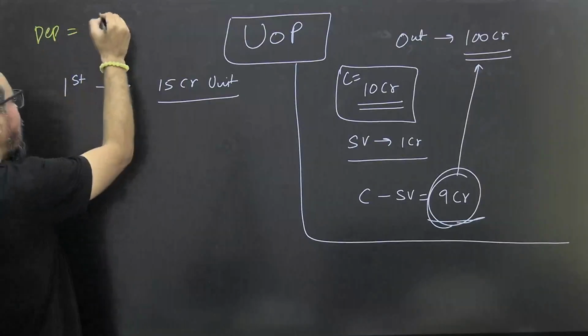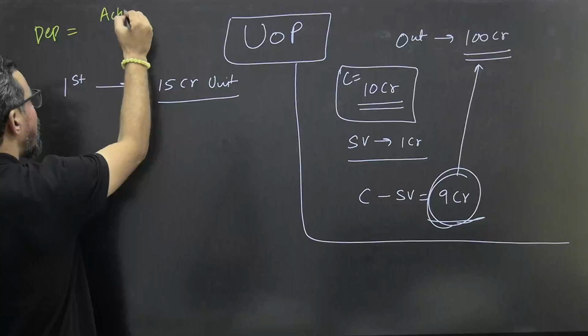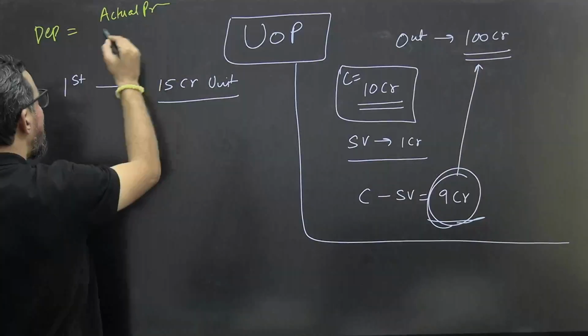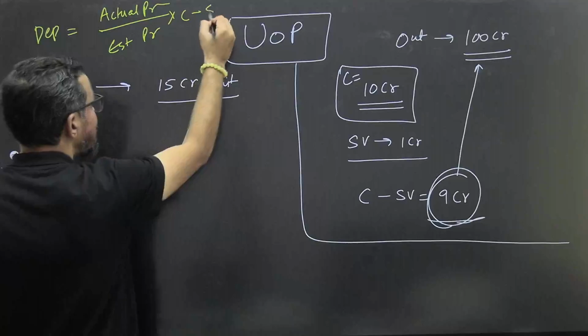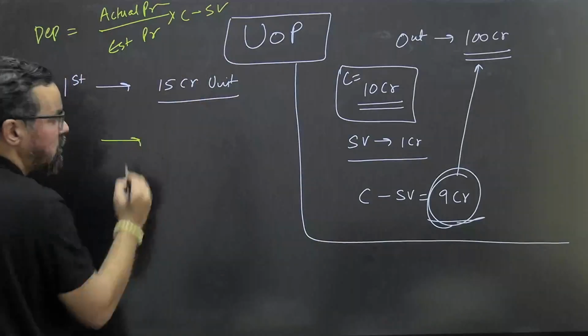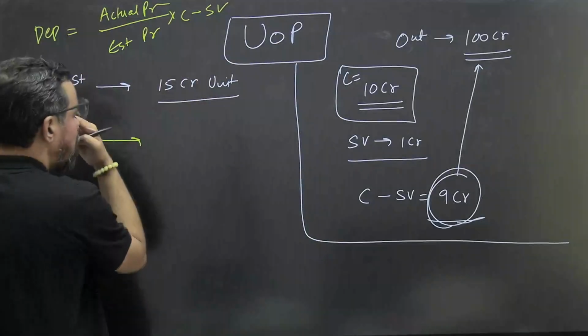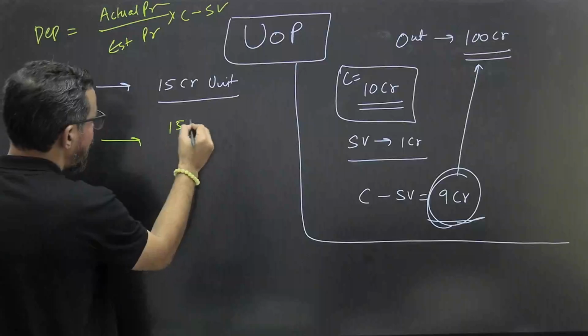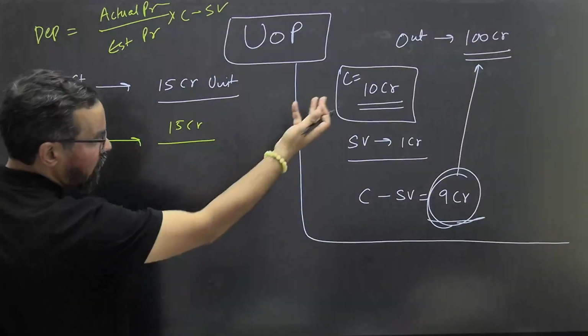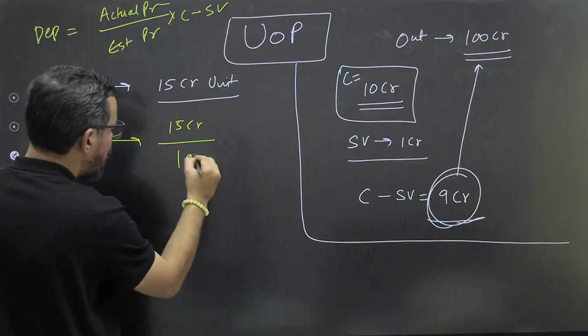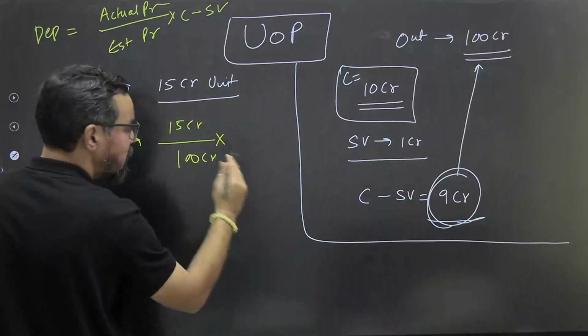It is actual production divided by estimated production into cost minus salvage value. Here actual production is 15 crores, divided by the expected production of 100 crores, into cost minus salvage value.